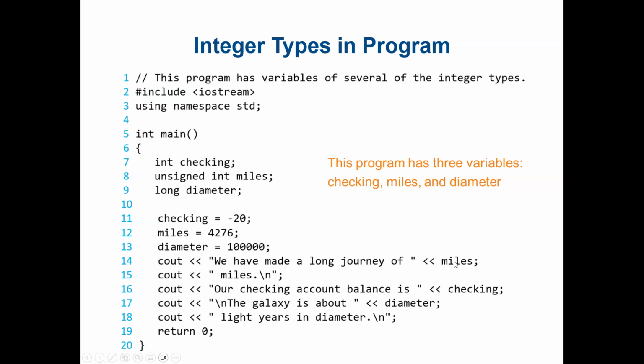Now, anytime you want to use a variable, the first thing we need to do is declare the variable. If we don't declare the variable and we assign a value to it, we will get a syntax error. The next one is our checking account balance is, the amount is checking -20. Also, the diameter is 100,000.